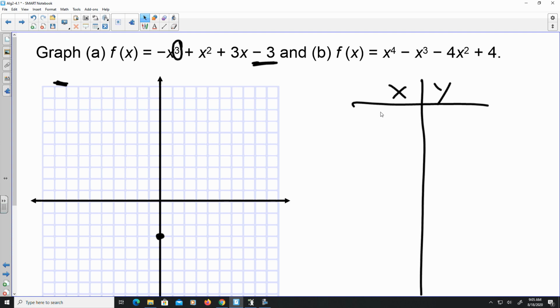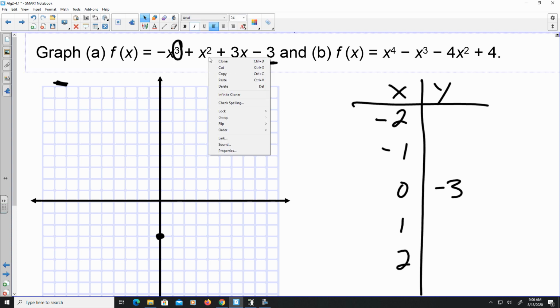So let's say if I went -2, -1, 0, 1, and 2. Well, the one where x is 0 will be -3. I just know that. So if I put -2 in there, I'm just going to copy this down so I can see it.